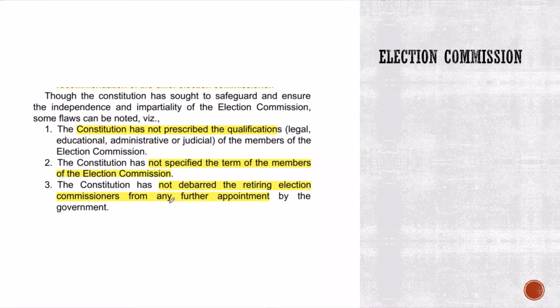Let's say you're 64 years old, there are some pressing issues in which the opposition is making a lot of noise. You don't want to take a very strong stance, thinking, hey, I am still eligible for some subsequent posting. Why do I want to go against the government and spoil that chance? So that's why they mention it like that.